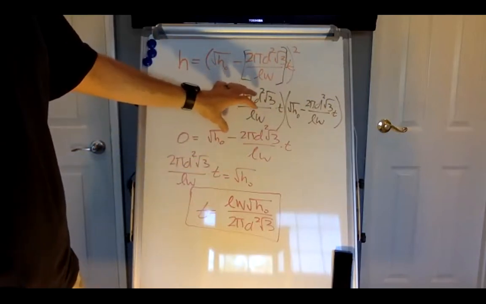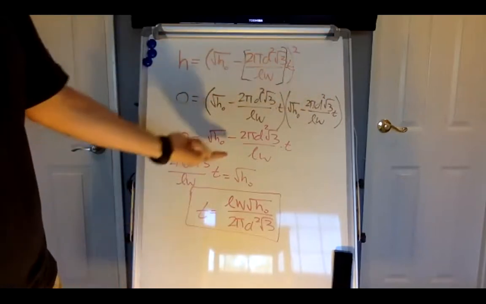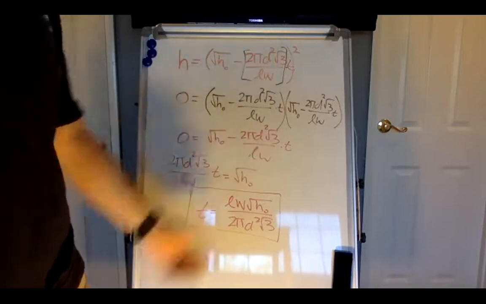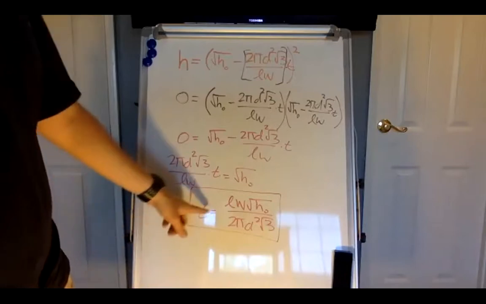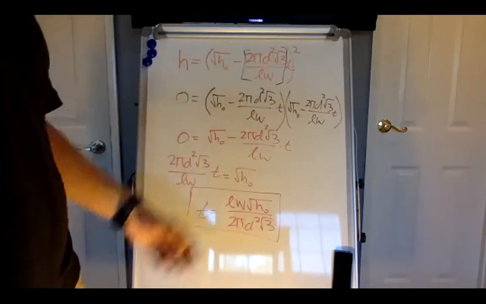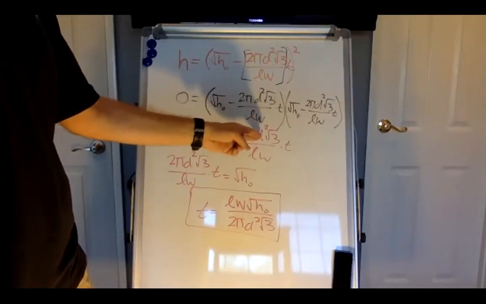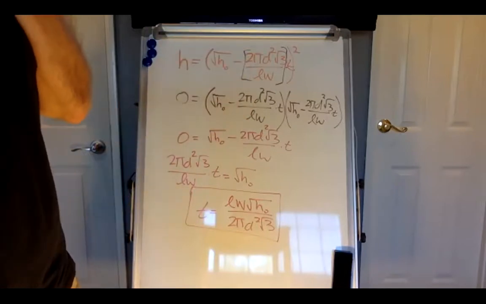If one of them is 0, then 0 times the other group is going to be 0. So I just have to make sure that I can solve to make one of the groups 0. Solve for t. If t happens to come out to this, then when you plug that in for t, this will cancel all this out to a square root of h naught. So you get square root of h naught minus the square root of h naught. Oh, okay. Yeah.